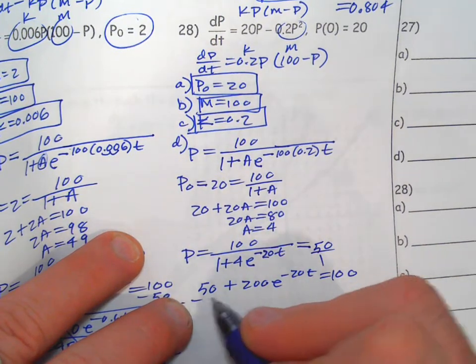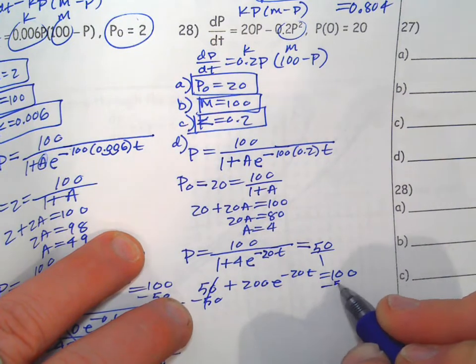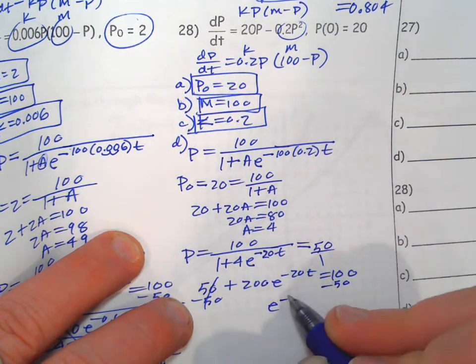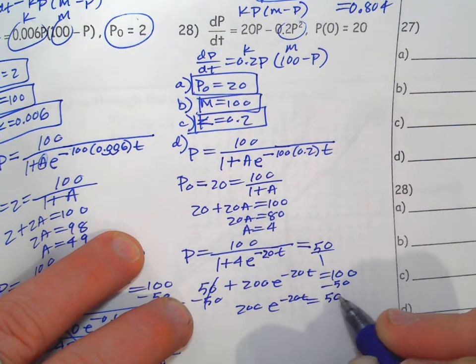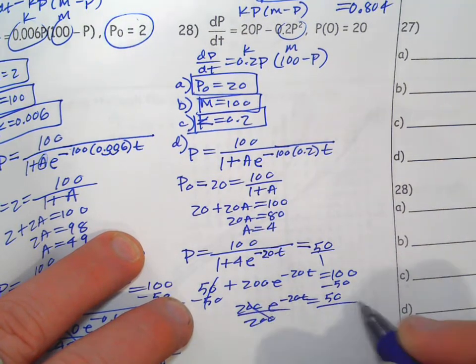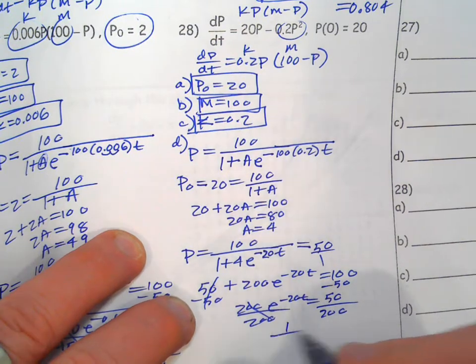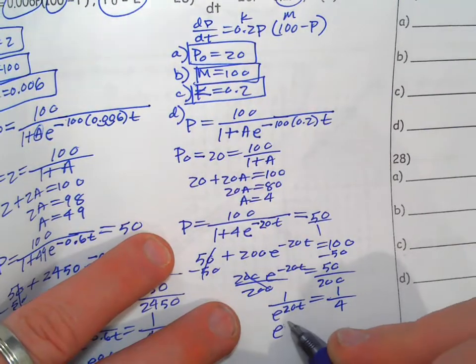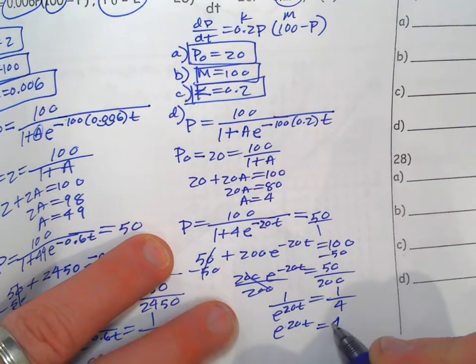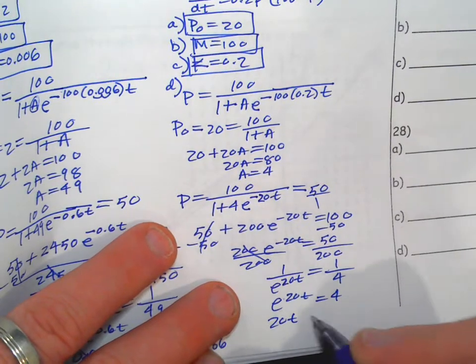I'm going to subtract 50. We're going to divide by 200. I'm going to rewrite this as a positive exponent, 1 over e to the 20t. This is 1 over 4. I'm going to flip both sides. I'm going to take the natural log of both sides.